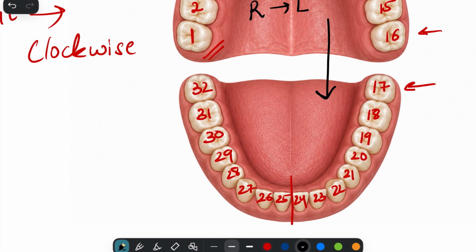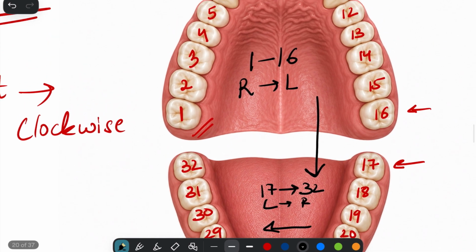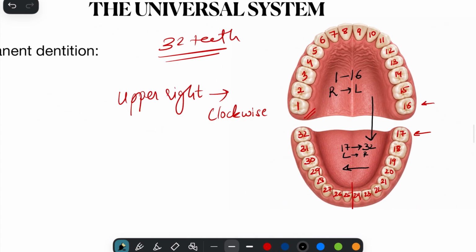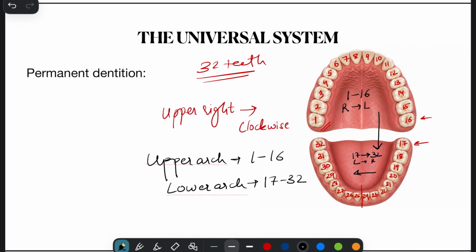So the lower teeth are numbered from 17 to 32, from the left side to the right side. We moved from the lower left side to the right side. And that is everything about the universal system for the permanent dentition.